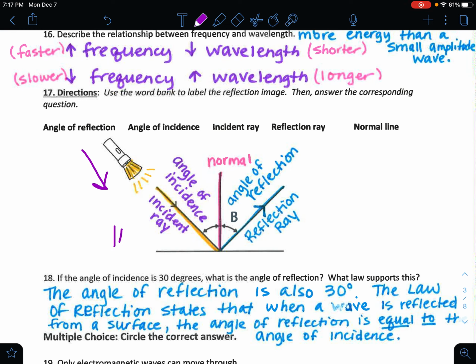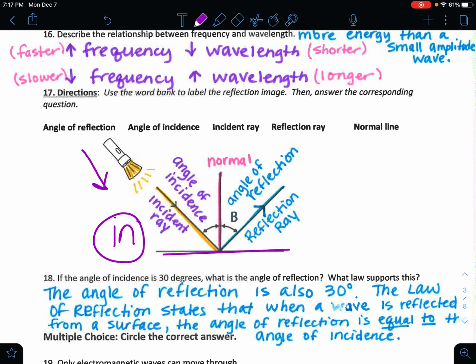That's our incident ray. Everything is on the same side. It's all going in, okay? So then it's going to hit this mirror, whether it be an actual mirror, and remember when we talked about diffuse and regular or specular reflection, this also could be like a water, like a really clear lake.